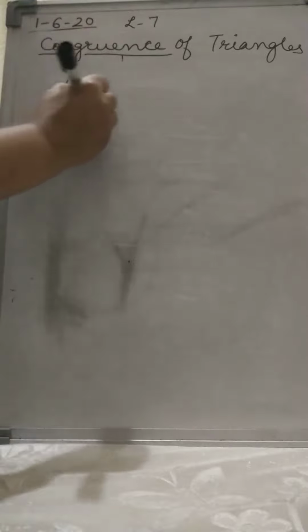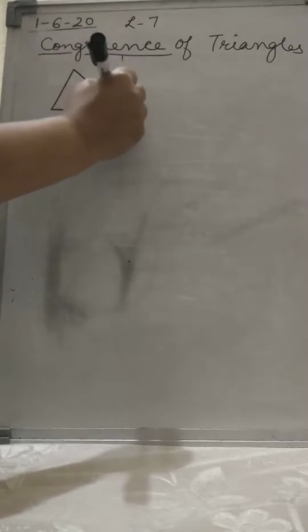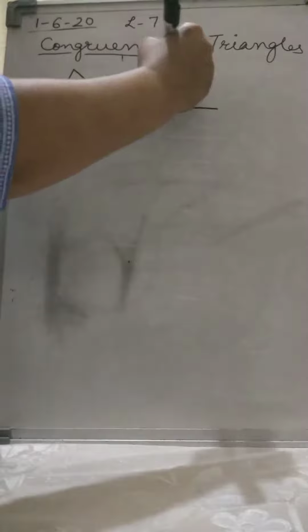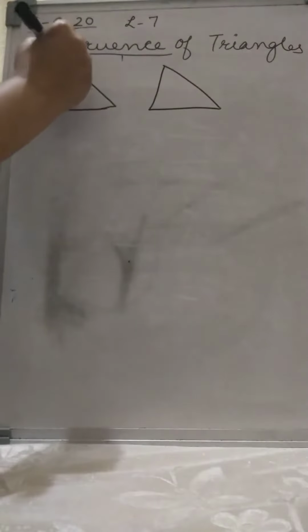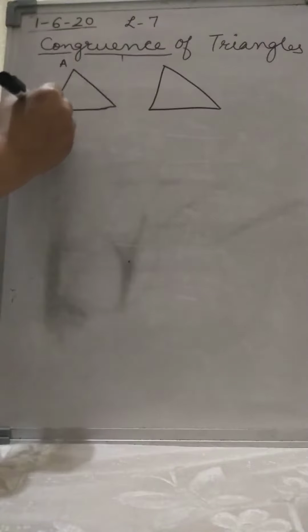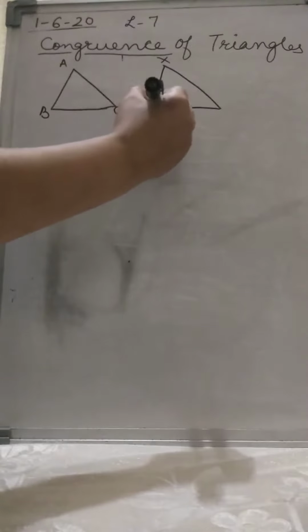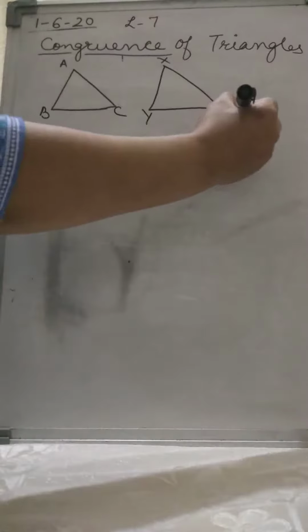Now if I take two triangles, I name this as ABC, and this is XYZ.